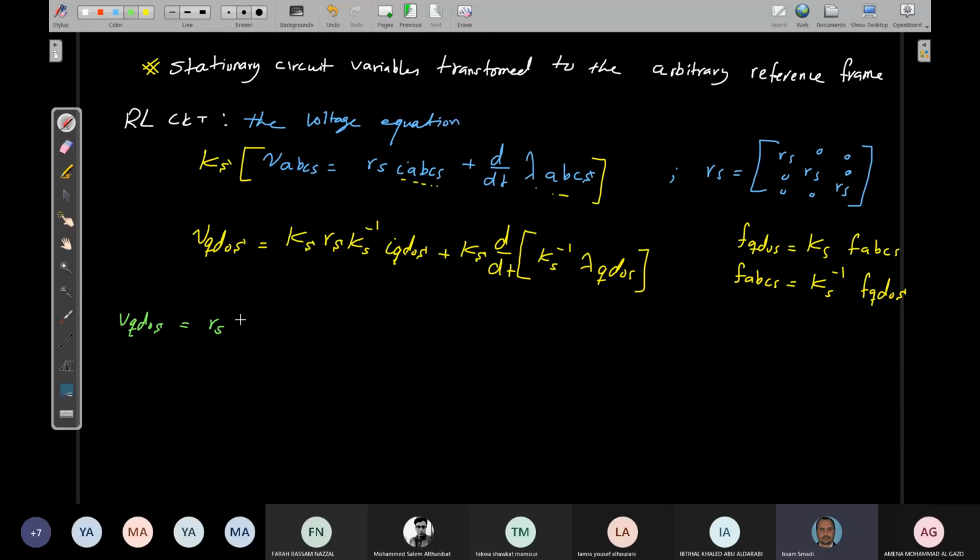So this will be IQD0S plus. Now here I need to use the chain rule. So who can help me with that? The first thing I will say KS, I will differentiate the first one.